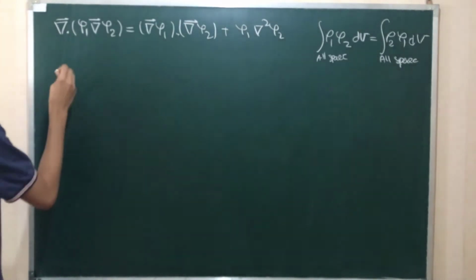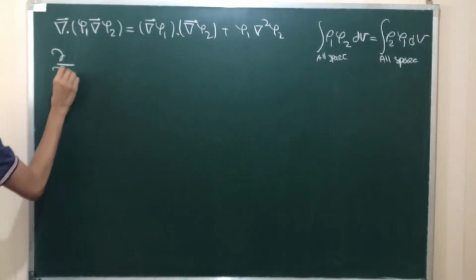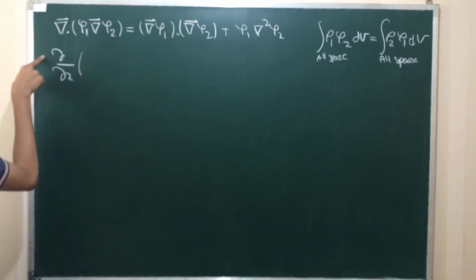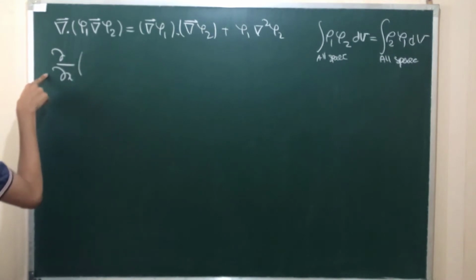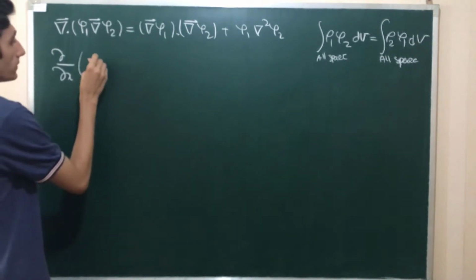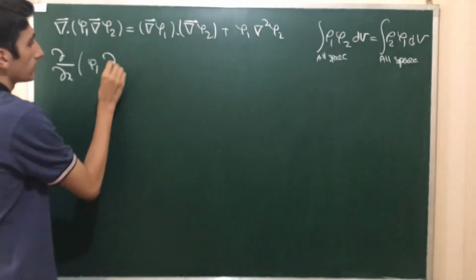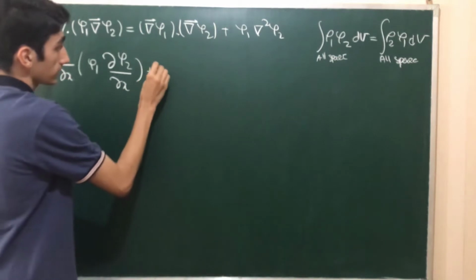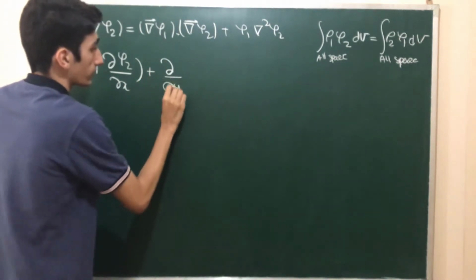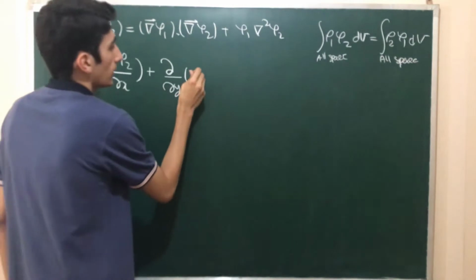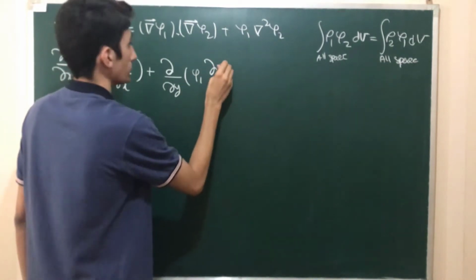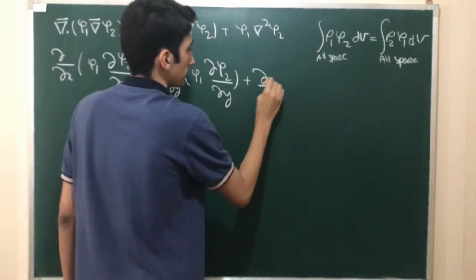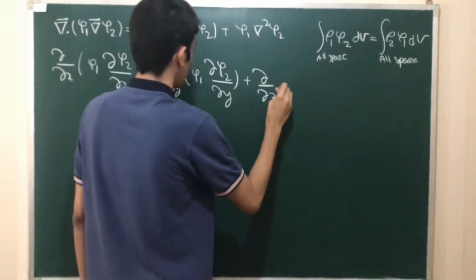I think it's easy to show that. The dot product is the derivative with respect to x of phi 1 times the derivative of phi 2 with respect to x, plus the derivative with respect to y of phi 1 times the derivative of phi 2 with respect to y, and the same thing for the z-axis.